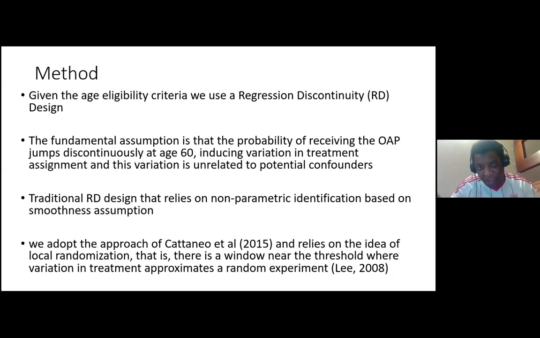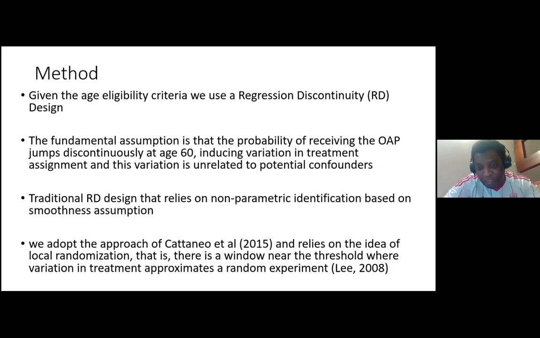The further you move away, the more observations you have, but the less valid your estimate might be in terms of bias, because people further away from the threshold on either side may have very different characteristics compared to those closer to it.